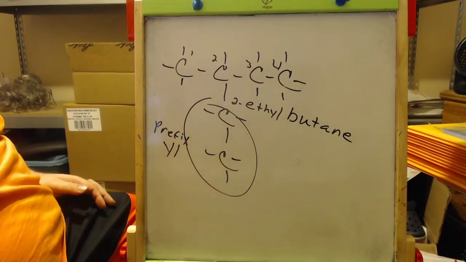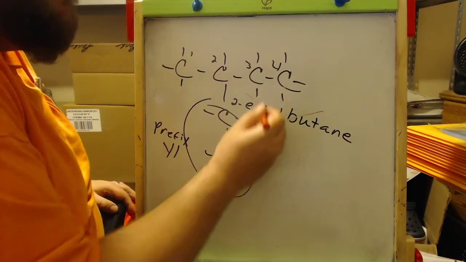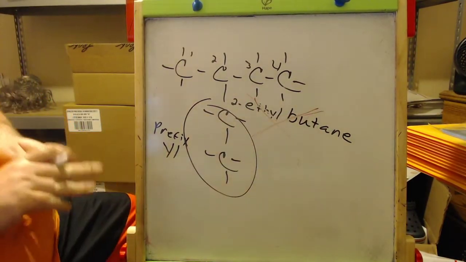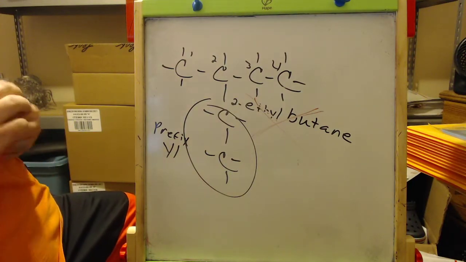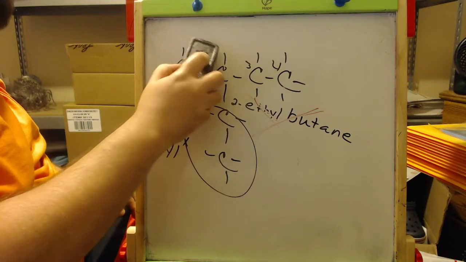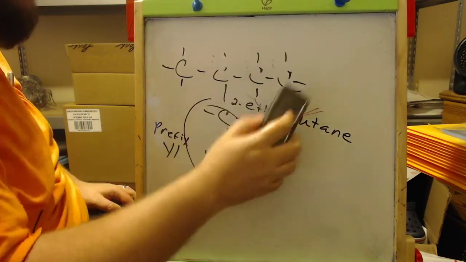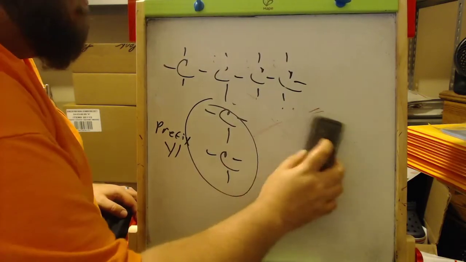And you'd write this down in the exam, and I would mark it wrong. Because it's not 2-ethylbutane. And I'll explain why it's not 2-ethylbutane. Our rule is we need our longest chain of carbons.